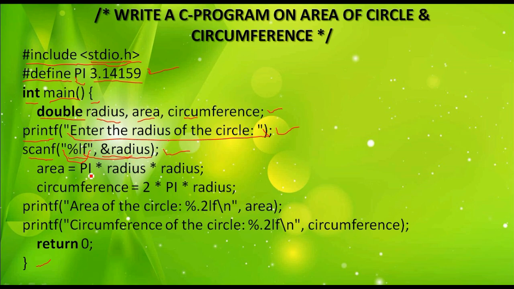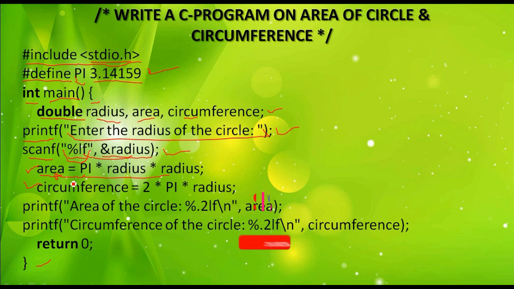The next statements are the computational statements, like this one and this one. So area equals pi into radius into radius. The value computed on the right side will be assigned to the leftmost variable, area.